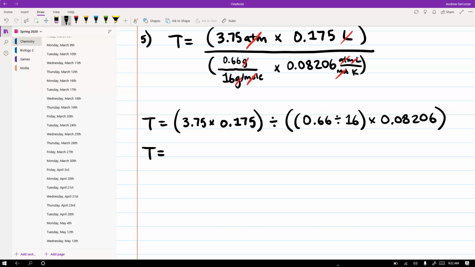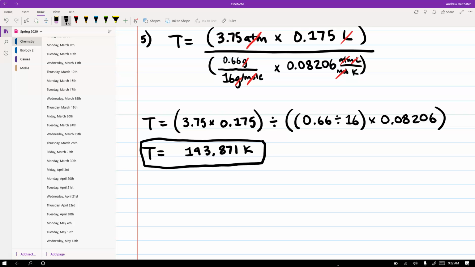And then just plug it all into your calculator exactly like that. 3.75 times 0.175 divided by 0.66 divided by 16 times 0.08206. And I got 193.871 Kelvin. So that's my final answer.